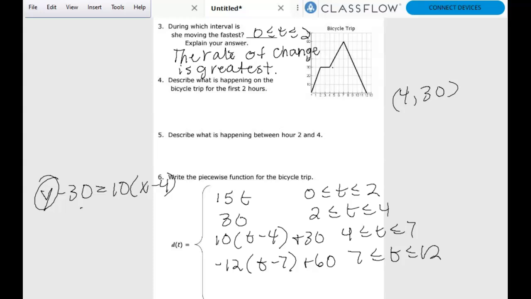All right, describe what's happening in hours 2 to 4. Okay. Let's put it in math terms. She did take a break for 2 hours. Could we say her distance from home is not increasing? It's not changing. She's not moving.